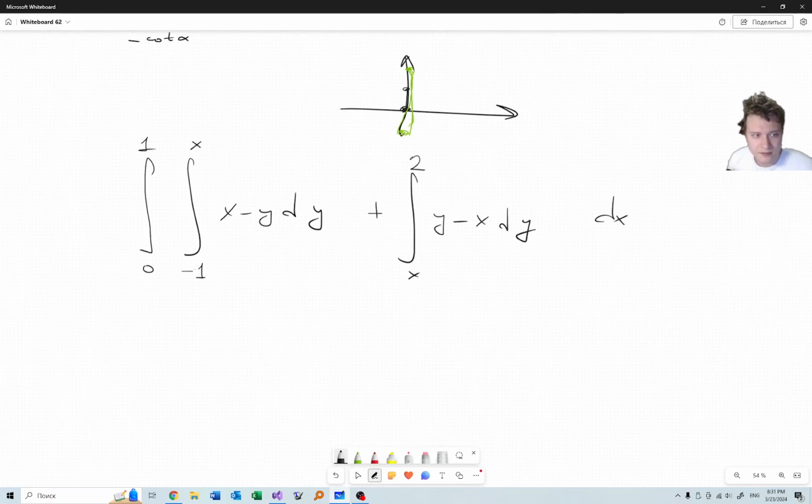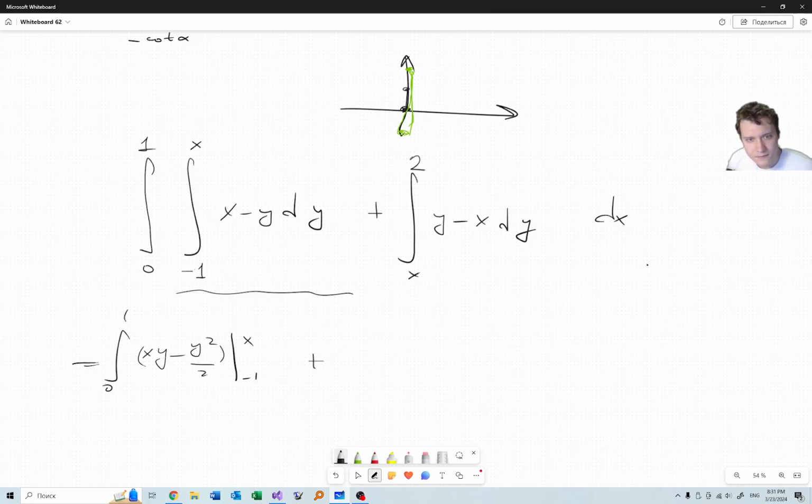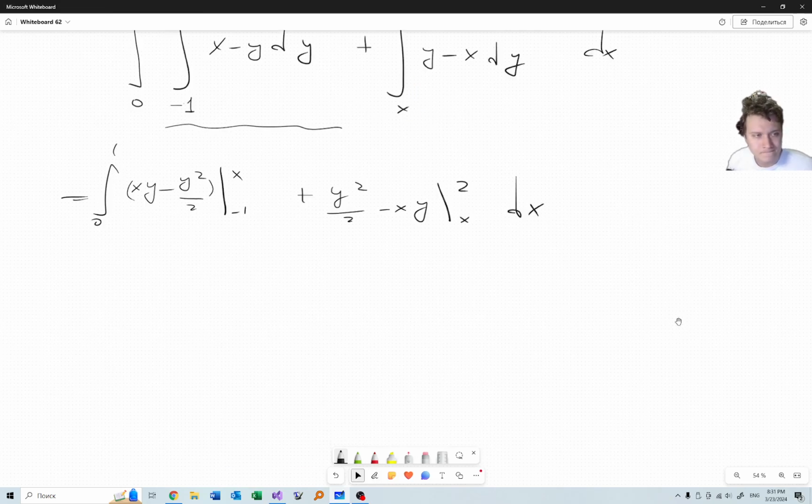Let's calculate. So this thing is xy minus xy squared over 2 from minus 1 to x plus y squared over 2 minus xy from x to 2, equals from 0 to 1.